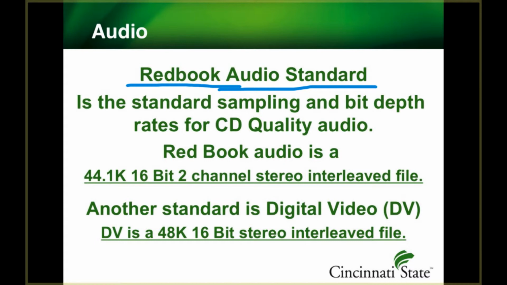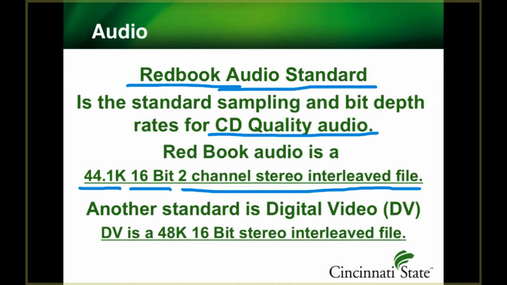However, the Redbook audio standard, which is considered CD quality or compact disc quality audio, is 44.1K, which is 44,100 samples, 16-bit resolution, 2-channel stereo interleaved file. And we'll talk about what interleaved means in a second.